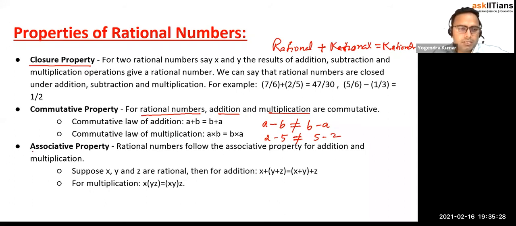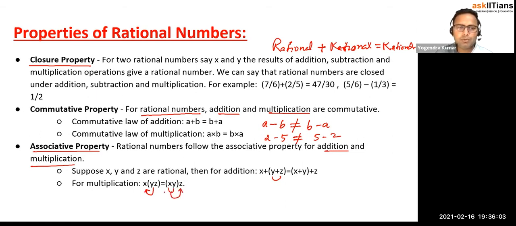Now associative property, what is it? Rational numbers follow associative property for addition and multiplication. So this is what you need to remember, right? What do we say here? If I am adding x, y, z, whether I add y and z and then add to x, or I add x and y and then add to z, that is going to give you the same result. For multiplication, same: you multiply yz, then multiply the result to x, or you multiply xy and then finally multiply to z.